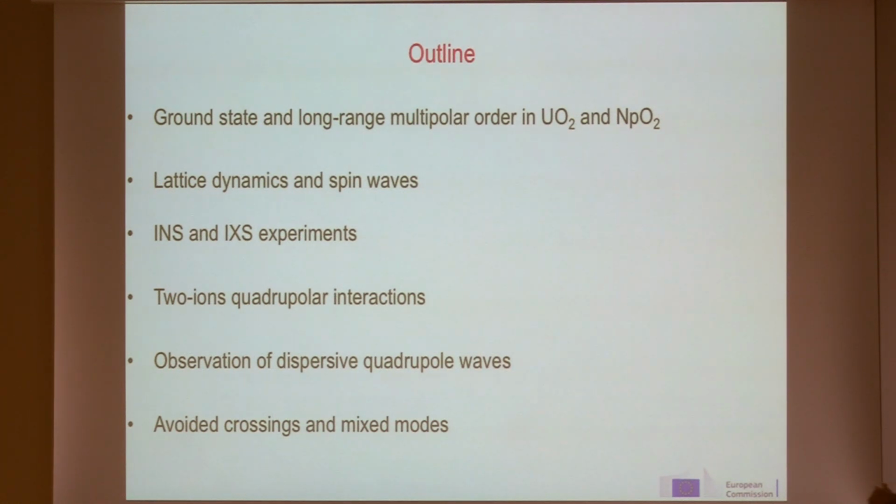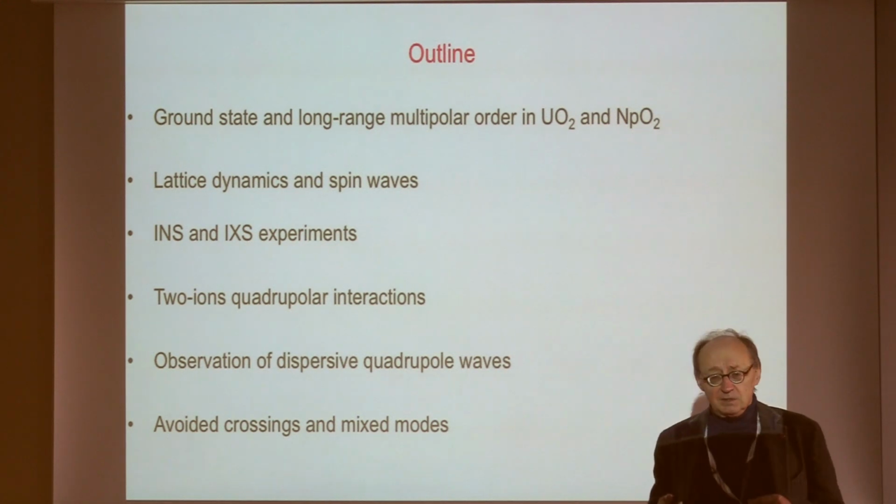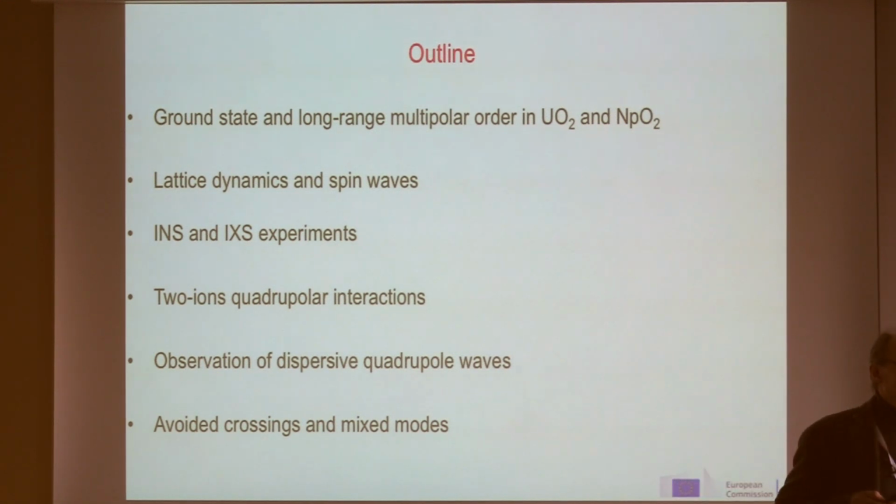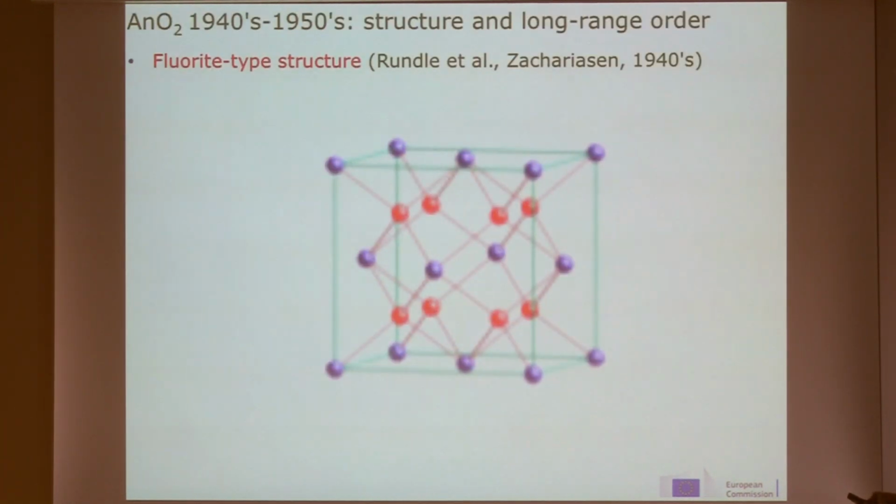The studies at the end put in evidence the existence of a dispersive quadrupolar wave that in a way is similar to so-called orbitons in d-electron systems. And the presence of a number of avoided crossing situations where these excitations, vibrational, spin wave, and quadrupolar wave, are mixed, so, if you want, entangled in a sense.